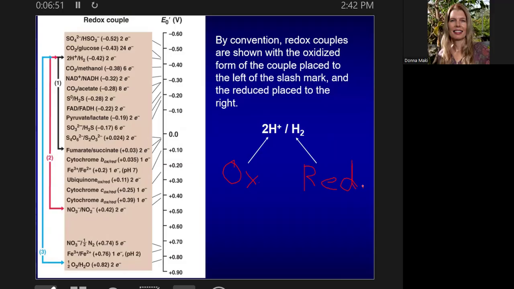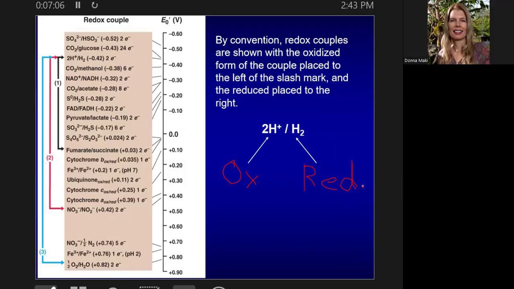All right. You can see that you have a very negative reduction potential, negative 0.6, and then it starts to get negative 0.3, 2, 1, and then here's your 0 mark, and then you start getting positive numbers.